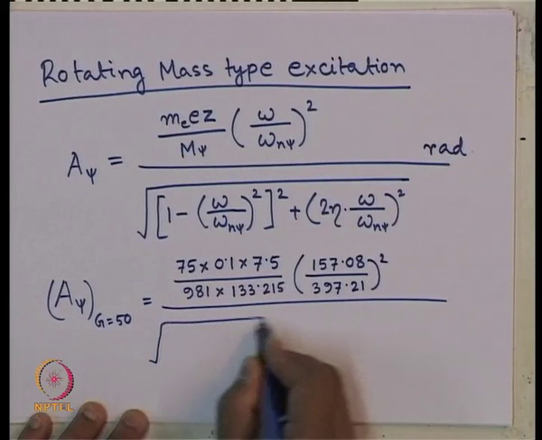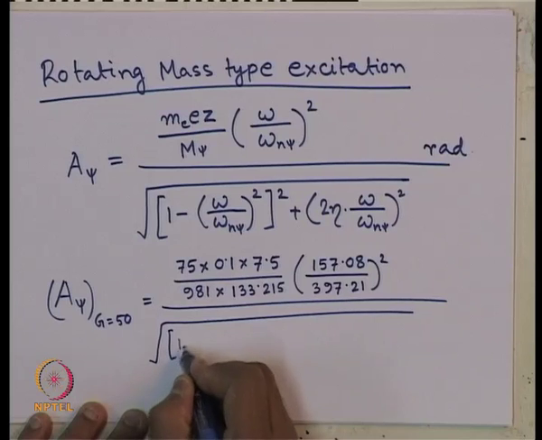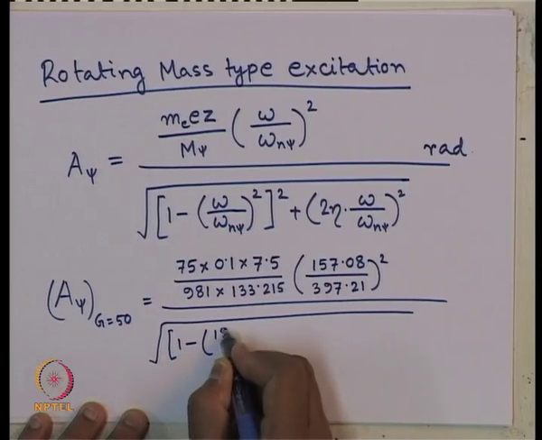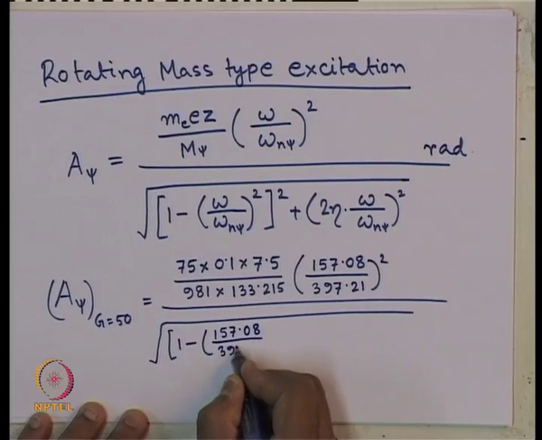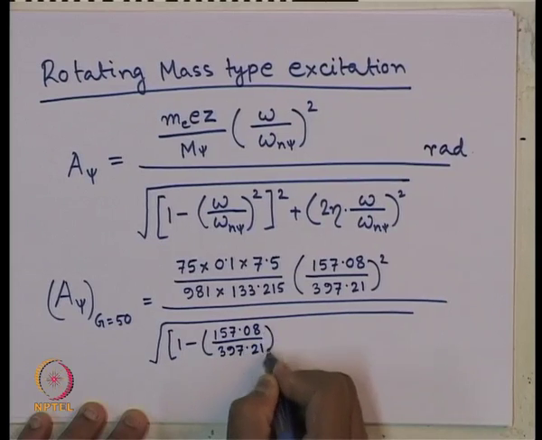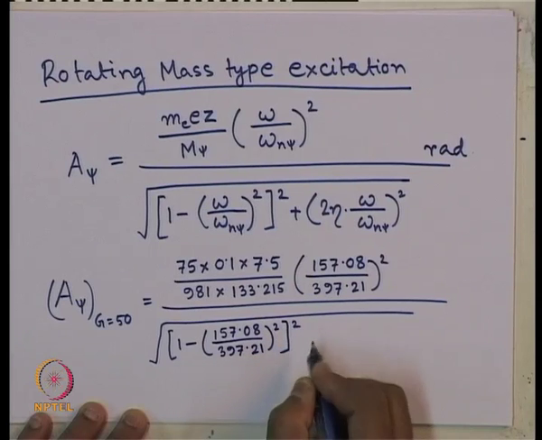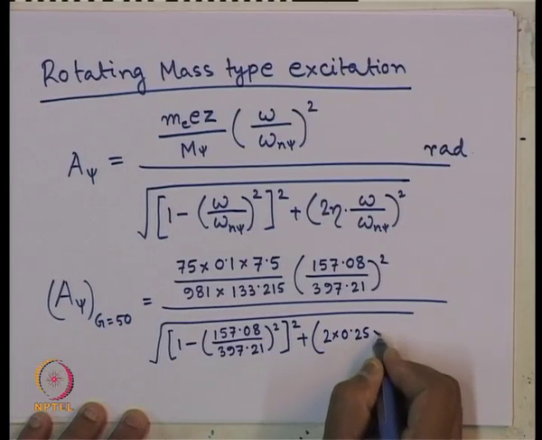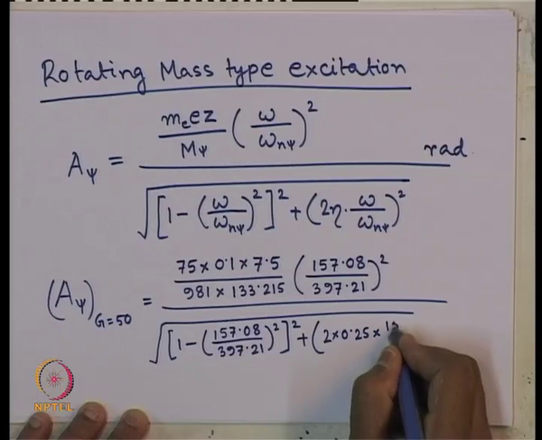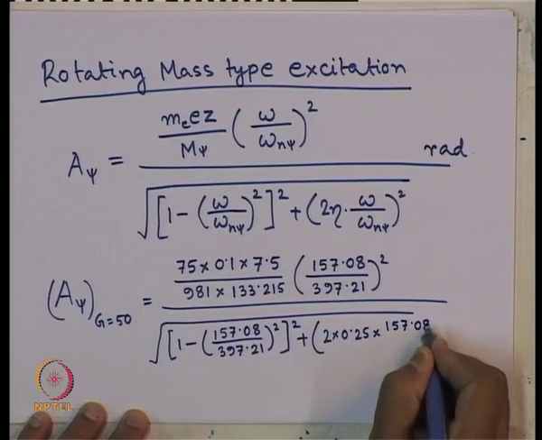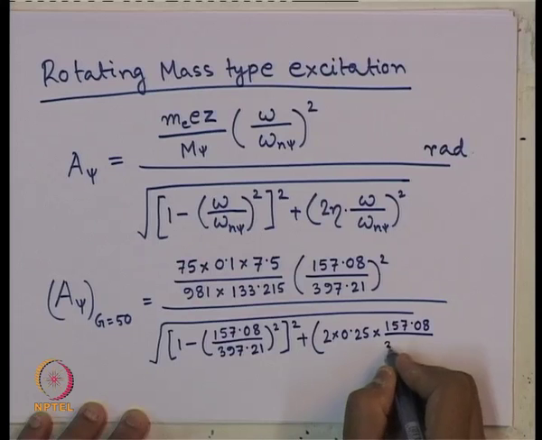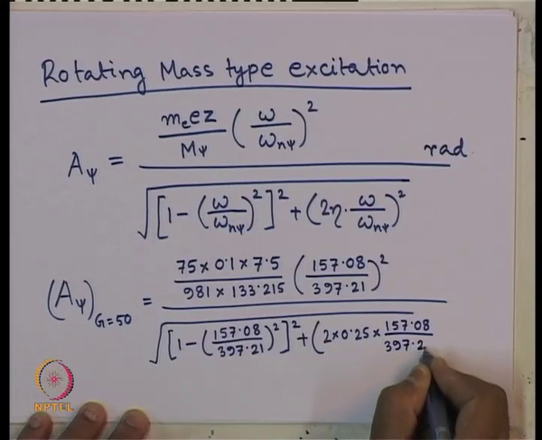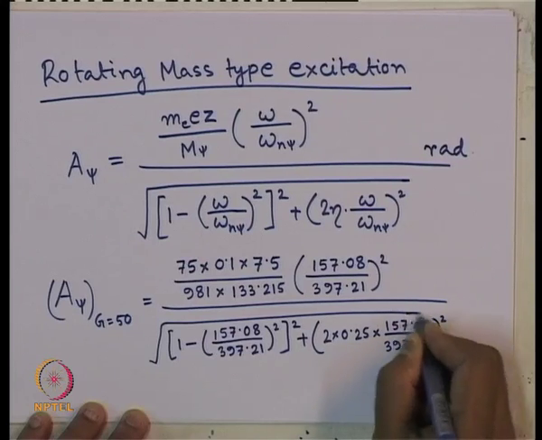Now, divided by root over 1 minus 157.08 by 397.21 whole square, whole that square, times 2 into 0.25 into omega, 157.08, by omega n psi, 397.21, whole square.